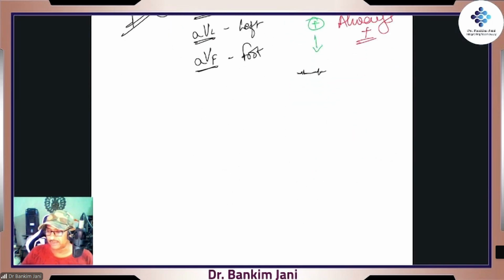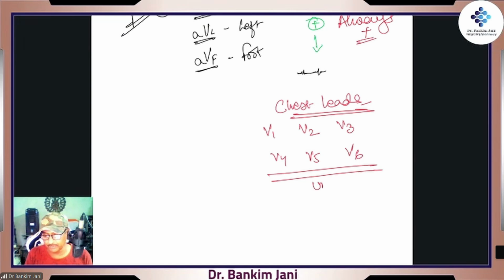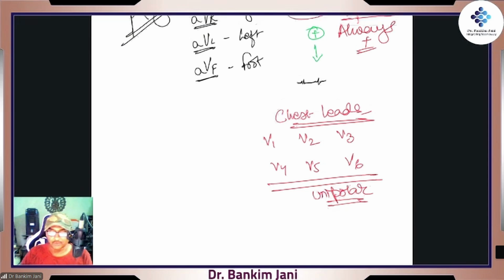The rest of the story is very simple. These are called the chest leads, and they go all the way from V1 to V6. So V1, V2, V3, V4, V5, and V6. Again, these chest leads are unipolar.